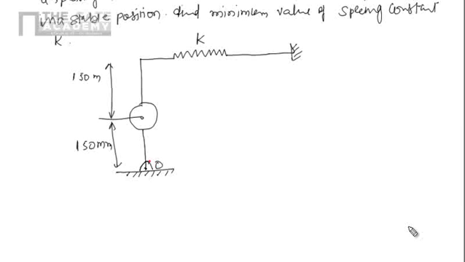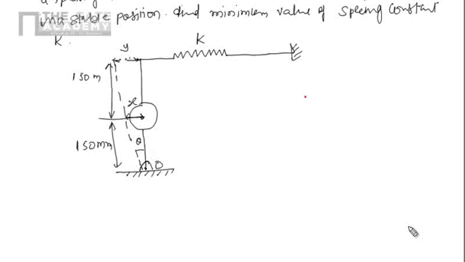So now let's displace the system by a small angle theta. We'll be having this angle theta here. So let's say this distance is x, this distance is y. So I am just displacing the system by a small angle theta.